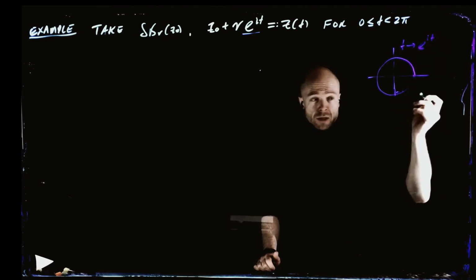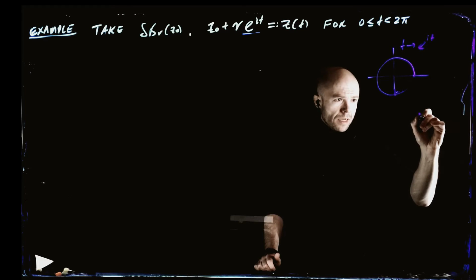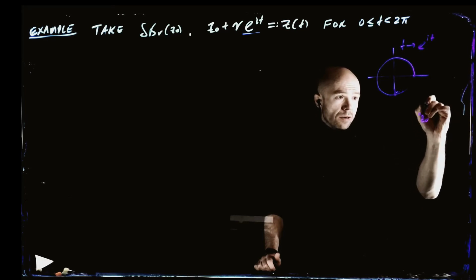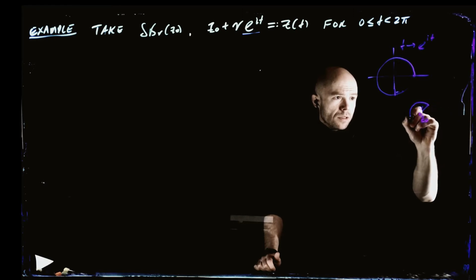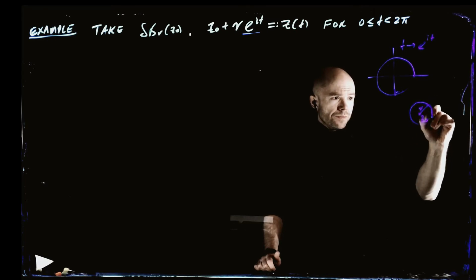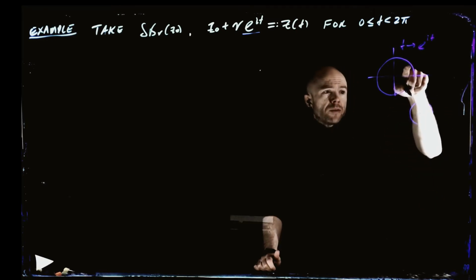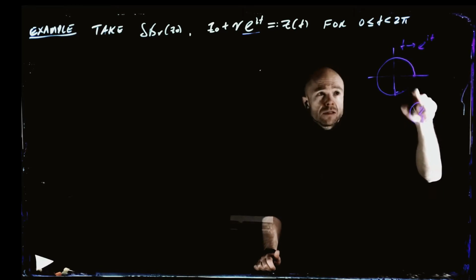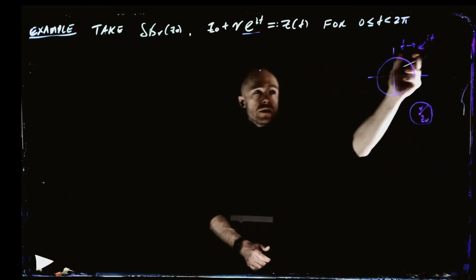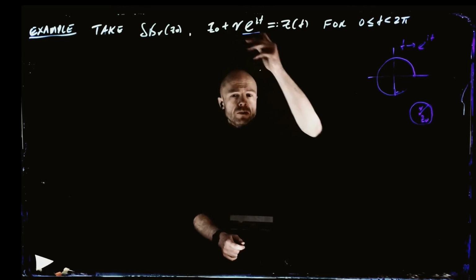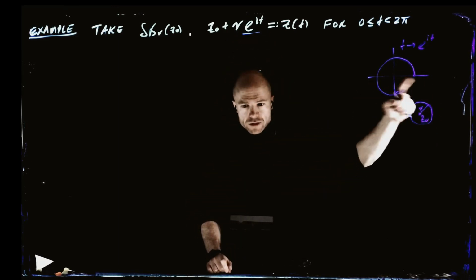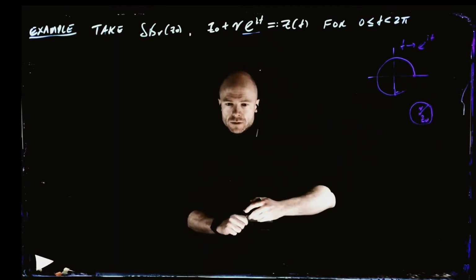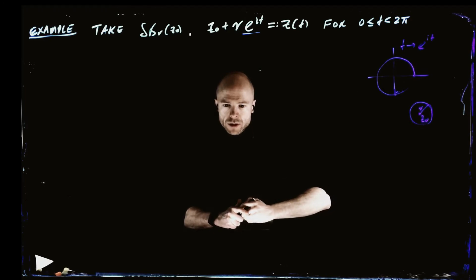So if we have some arbitrary point z0 here, and then some arbitrary radius r, all we need to do to turn this parameterization into something that parameterizes this is take this and multiply it by r and add z0, and then it exactly does what we want. Yeah? That's a parameterization.